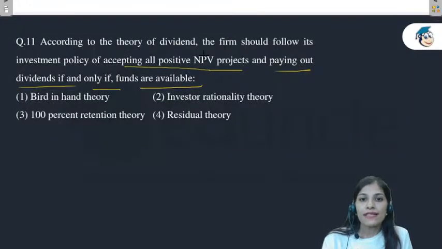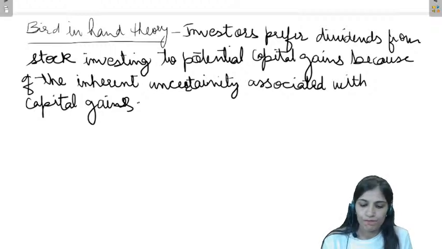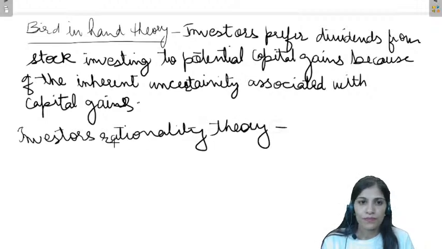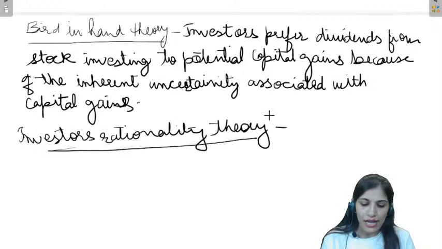Next, investors rationality theory. See what a rational investor wants. Investor's rationality theory.